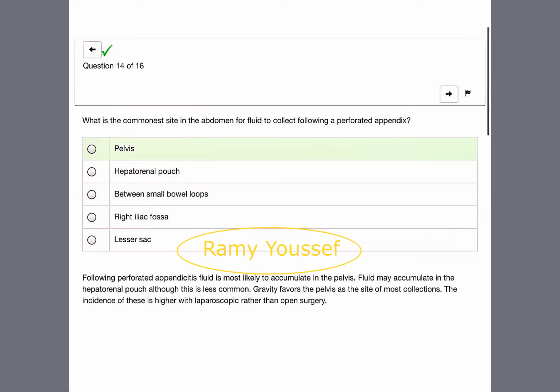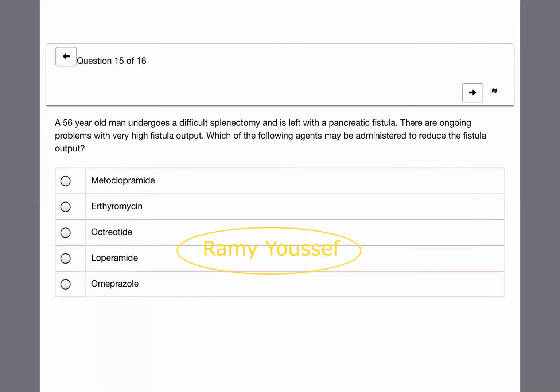That's why for any collection we do FAST. For trauma, we look at the hepatorenal pouch, the pelvis, and the epigastric area for the heart. These are the most common places we look in any traumatic patient. Okay, next question.